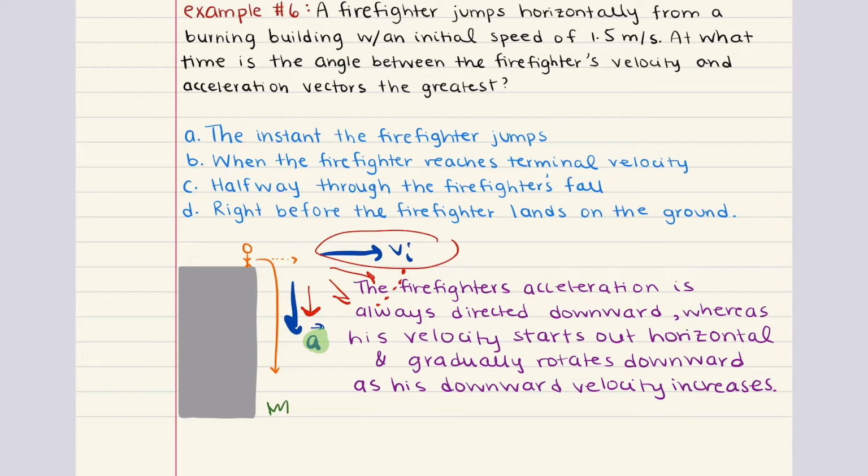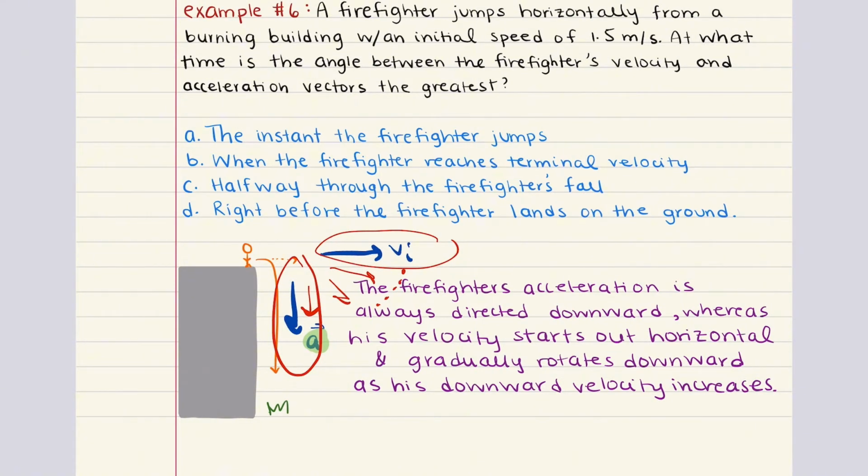At this moment, the velocity vector is perpendicular to the acceleration vector. Let me repeat this. At this moment, when the firefighter first jumps, the velocity vector is perpendicular to the acceleration vector, forming a 90-degree angle, which is the maximum possible angle between the two vectors.